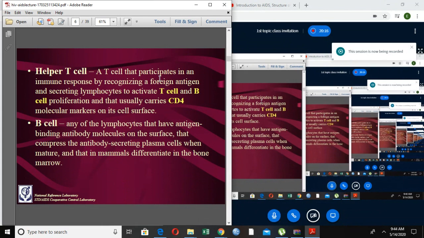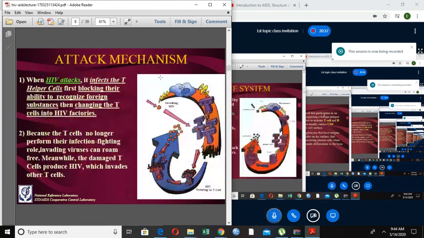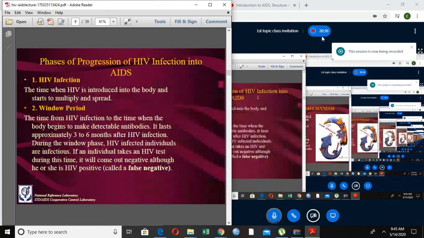Remember we said helper cells are the ones that normally house the virus. The CD4 cells normally are on the surface of the helper cells, meaning that if the helper cells are destroyed, the CD4 cells are also destroyed. That's why they normally count the number of CD4 cells you have in your body.